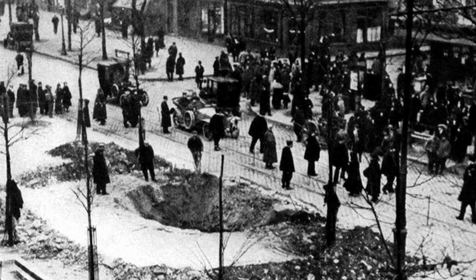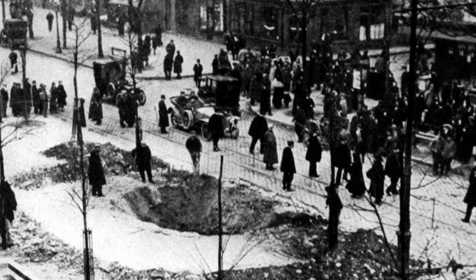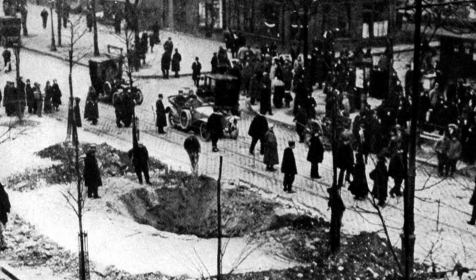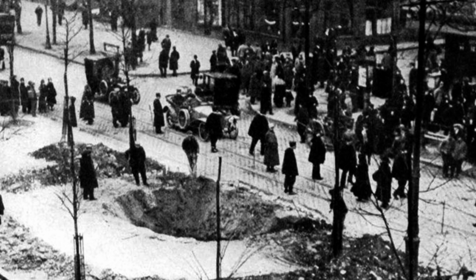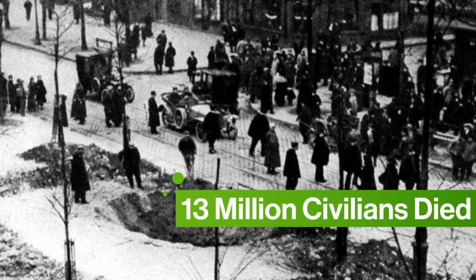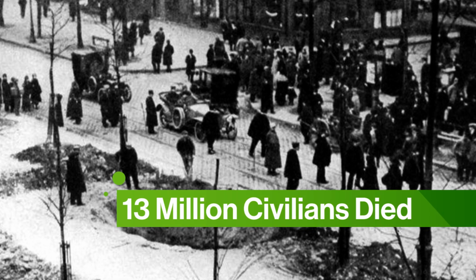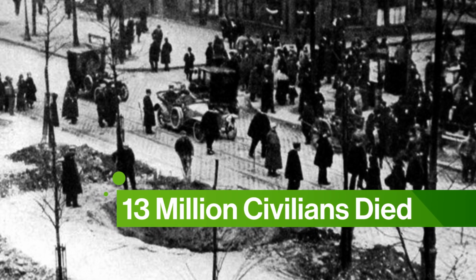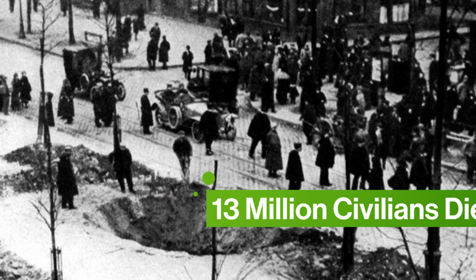The war spilled into unlucky towns along the front lines, and the people living there were caught in the crossfire. And while civilians often pay the price for imperial conflict, some historians estimate that 13 million civilians died in World War I, which is more than any other war up to that point.